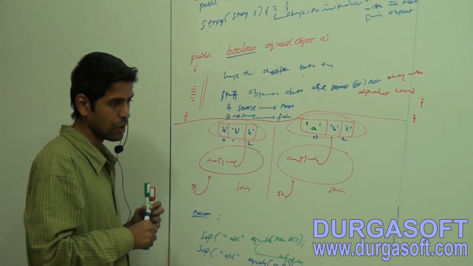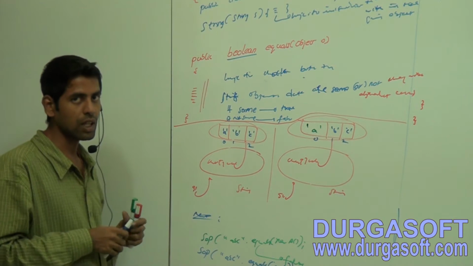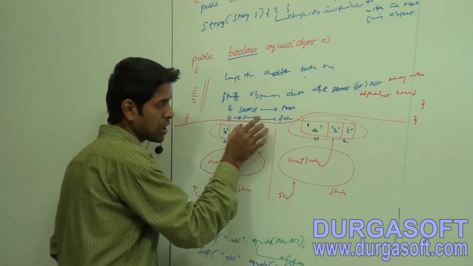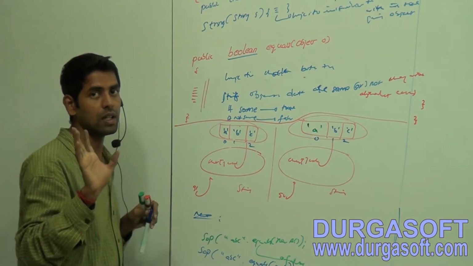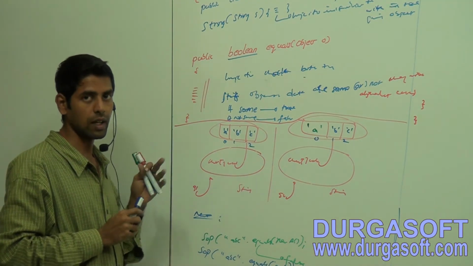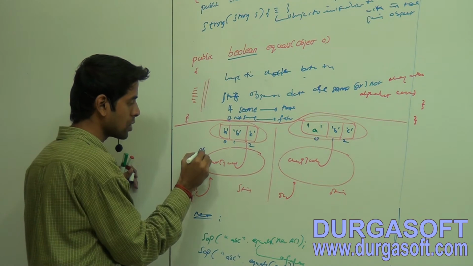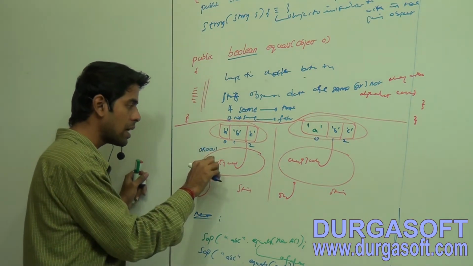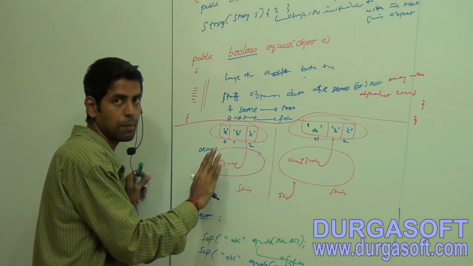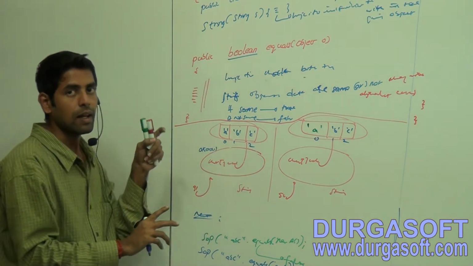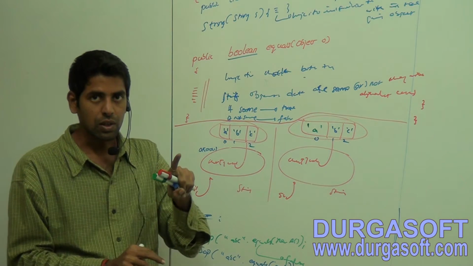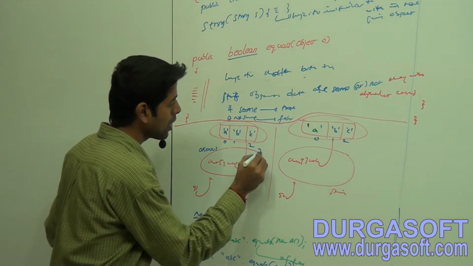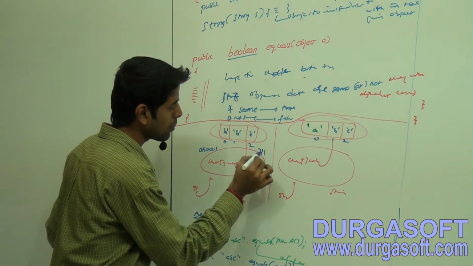Whenever you create an object in memory, for each and every object there will be a unique address, 0x0001, and this address's approximate integer value is our hash code. Let it be 711.